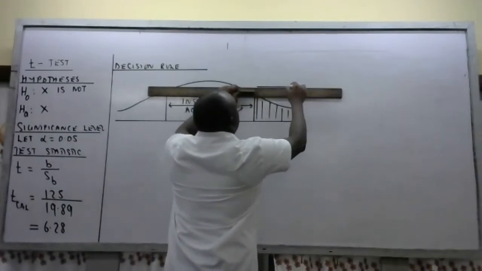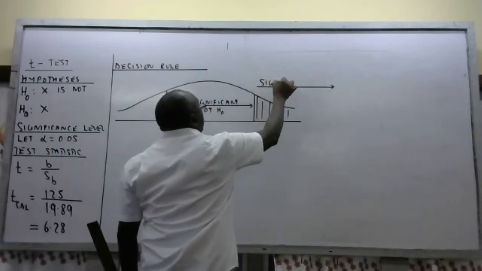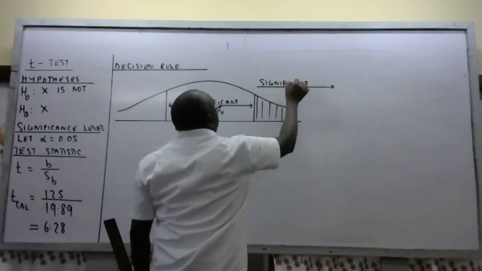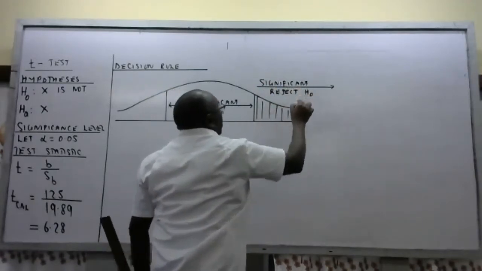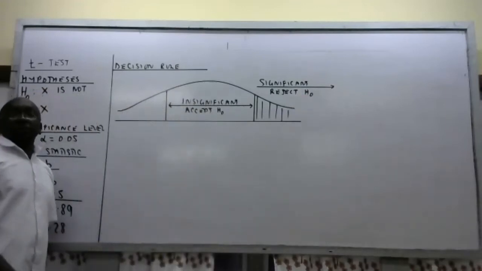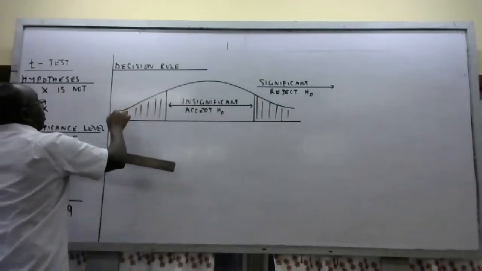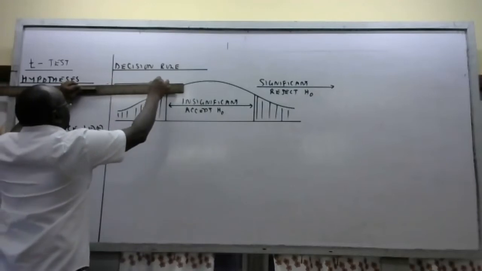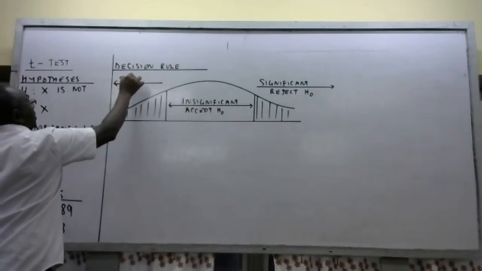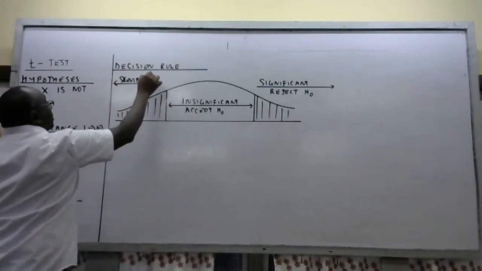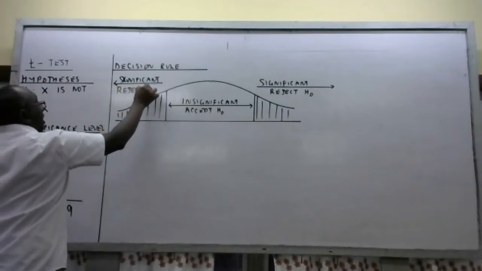On this side, you say significant, and when we say significant, we are saying we reject the null. Now on this side again, the same thing, significant, so we are again saying reject the null.